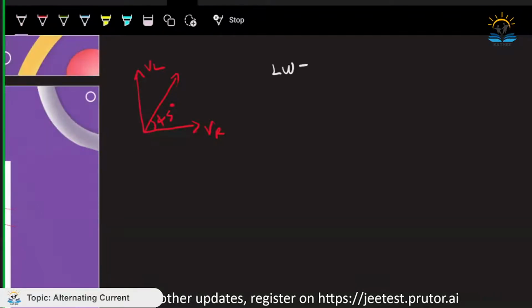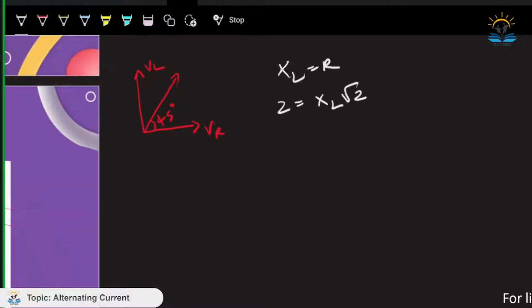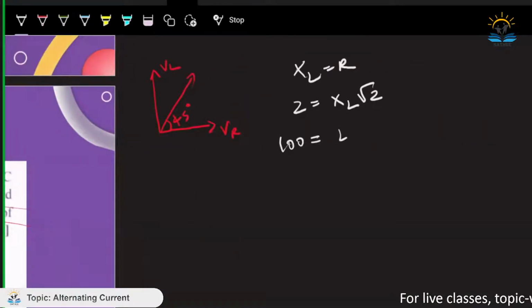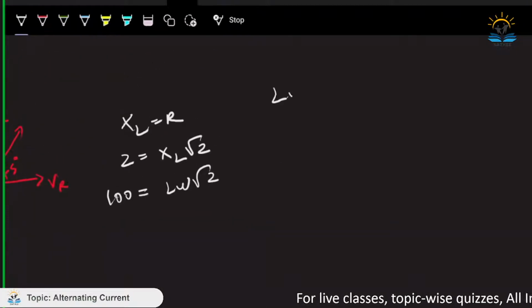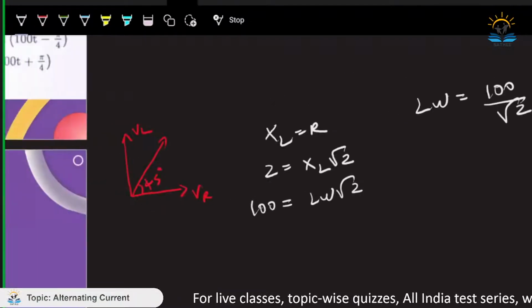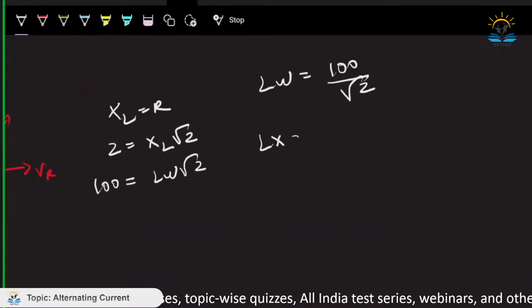That means L omega equals R, or we can write XL is equal to R. So impedance is the root of XL square plus XL square, that is XL root 2. And impedance is given in the question as 100. So 100 equal to L omega root 2, or L omega is 100 by root 2. Omega is not given directly, but we can write omega as 2 pi f.